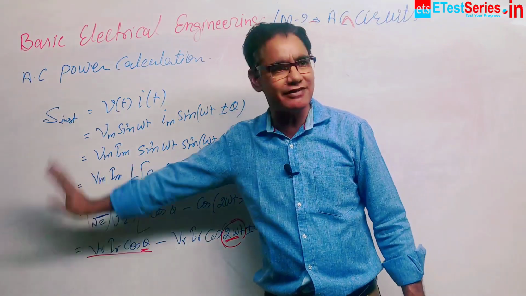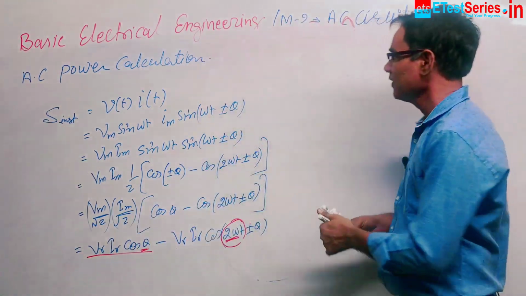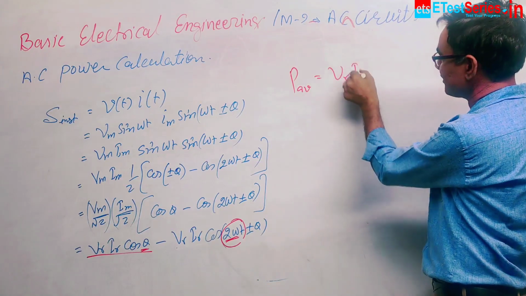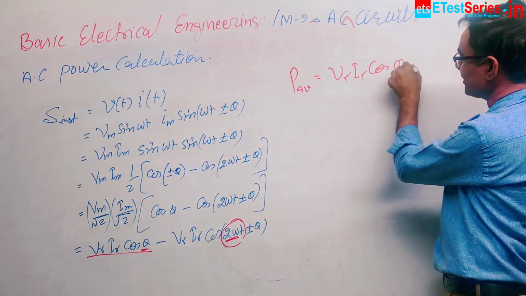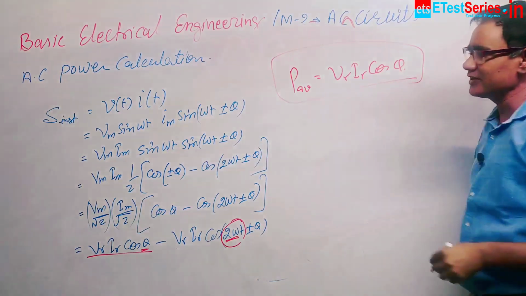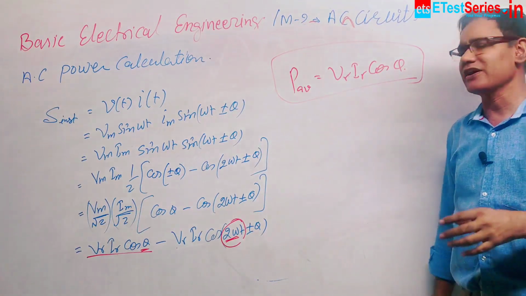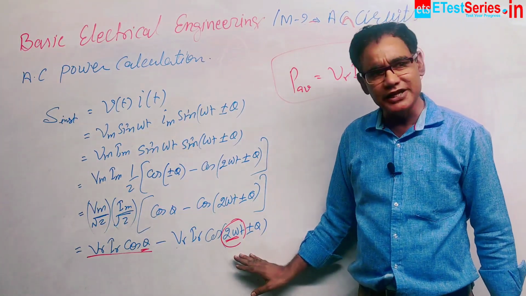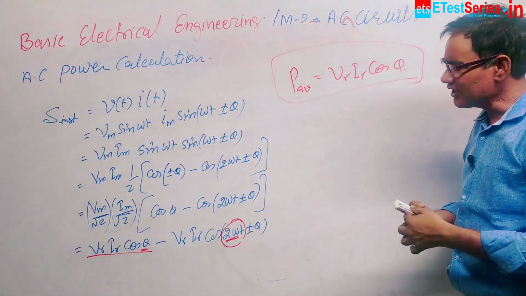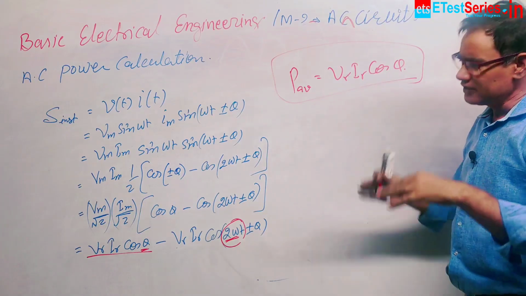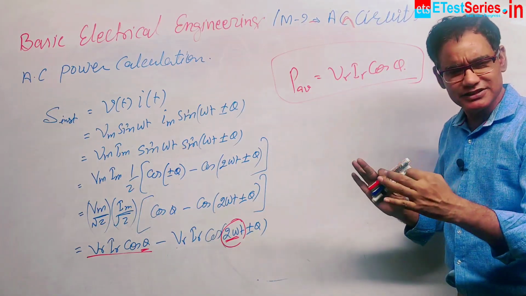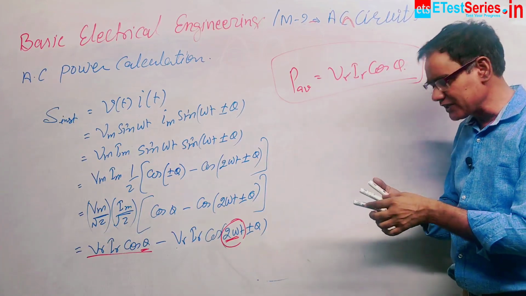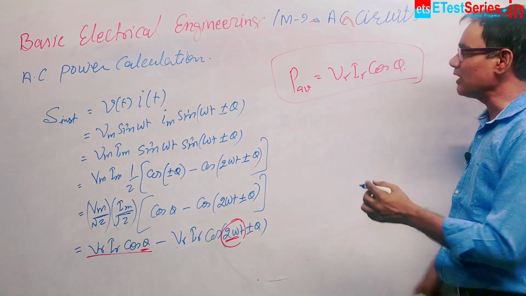So when we take the average value, this power is V RMS, I RMS and cos of theta. So this is the value of the average component. In this way we can calculate the instant value of the power in the cycle. And suppose we have voltage having some angle, current also having some angle, and then we want to calculate the power and the components of the power.